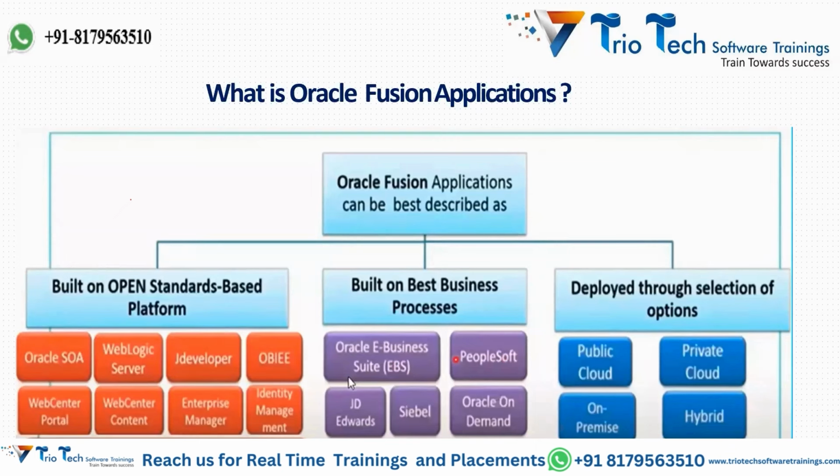Prior to 2006, Oracle's own ERP product at that point of time, and even now, is Oracle EBS. PeopleSoft is an ERP product owned by PeopleSoft Corporation. JD Edwards is owned by JD Edwards Corporation. Siebel is owned by Siebel. All these are individual ERP products in the market prior to 2006.